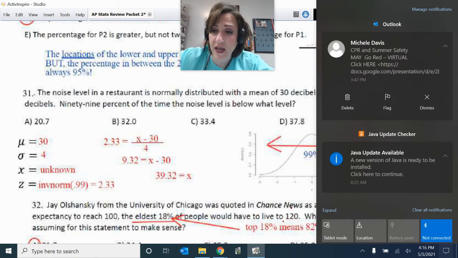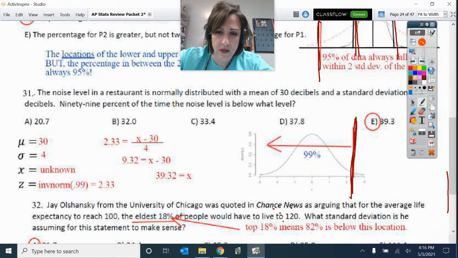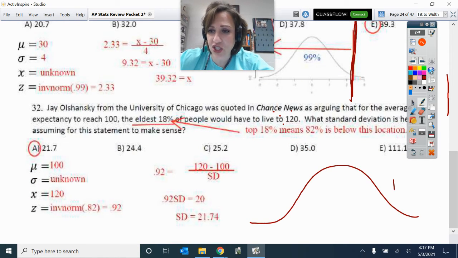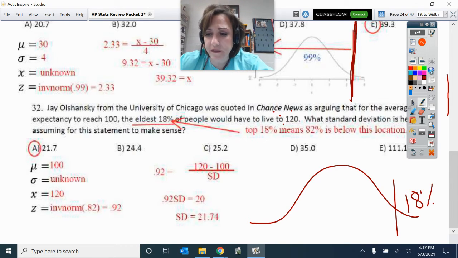Now look here. With this one, we have got the eldest 18%. So that is the top 18% of people will live to be 120 or more. Okay, so then the question is, what is the standard deviation?